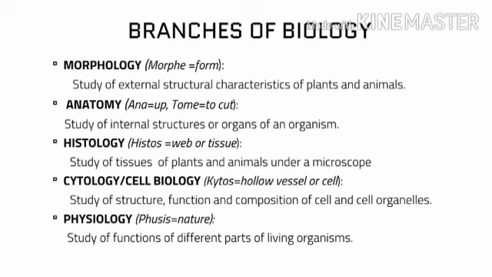Anatomy is the second branch of bio, in which we study the internal structures or organs of an organism. In plants, it deals with the arrangement of different types of tissues in roots, stem, leaf, etc. The other branch of bio is histology, in which we study the tissues of plants and animals under the microscope.